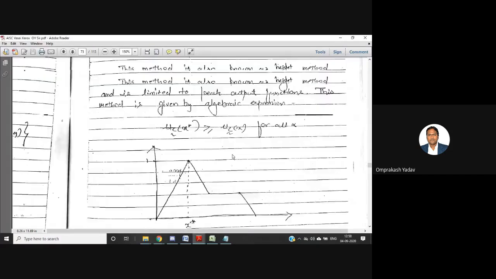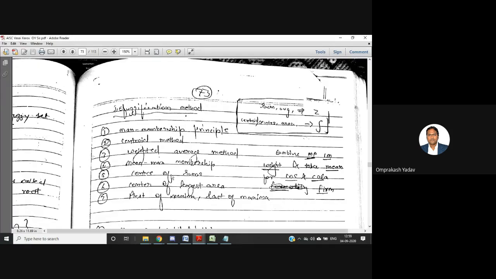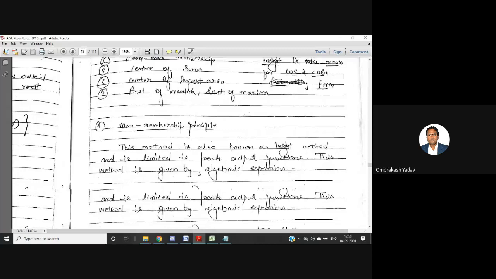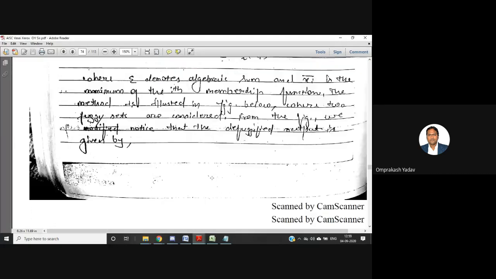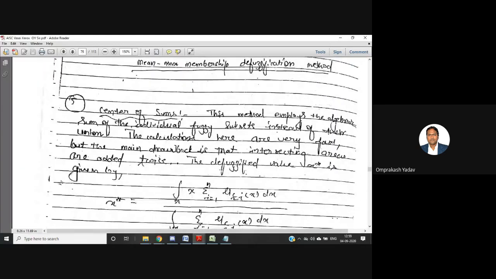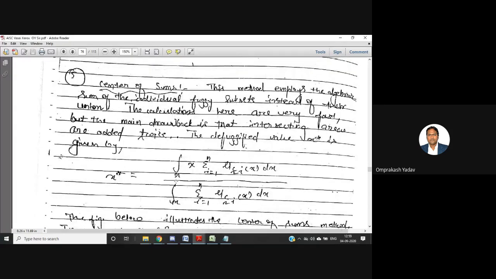Now the next method, the weighted average method. In this, average is there, so I'm sure there will be a summation sign. This is a simple one. Let's take the center of sums. The first name is center of sum.